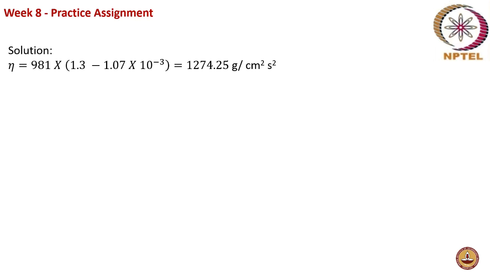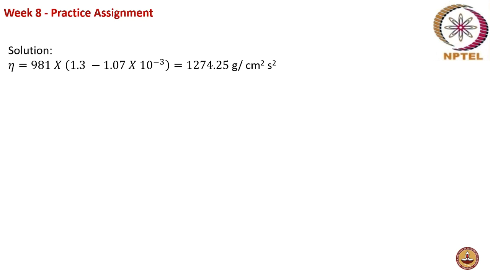It is meter per second square, right? Here I have used it as centimeter per second square, and I have taken all the terms in CGS units. That is why I have taken it as 981. And you get the eta value to be 1274 gram per centimeter square per second square.